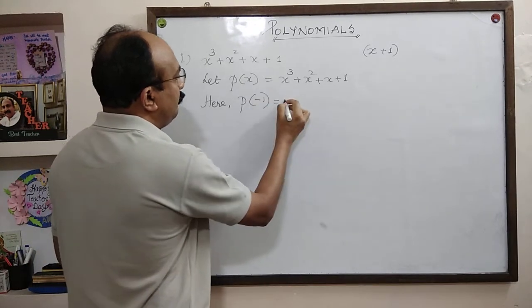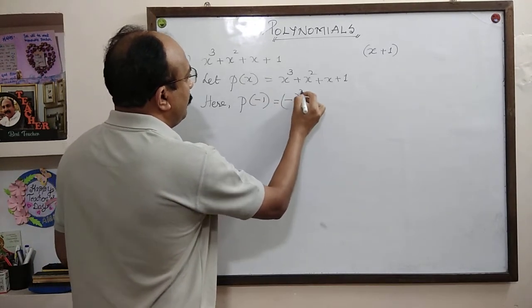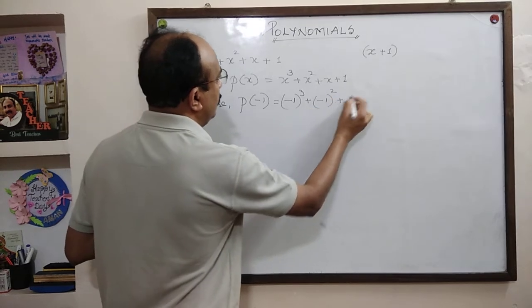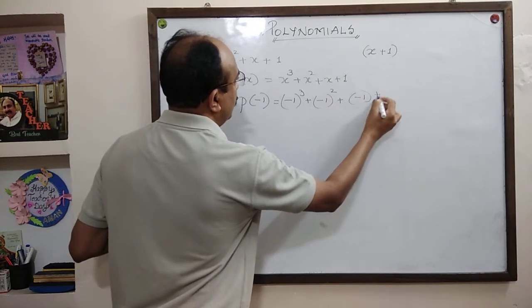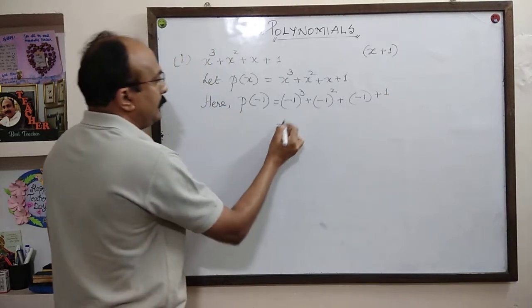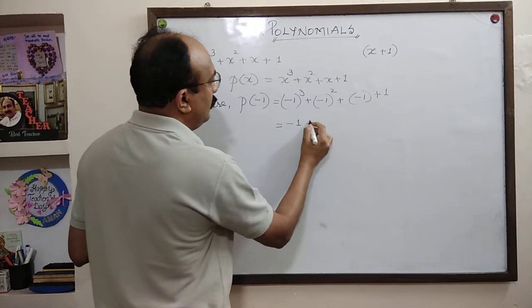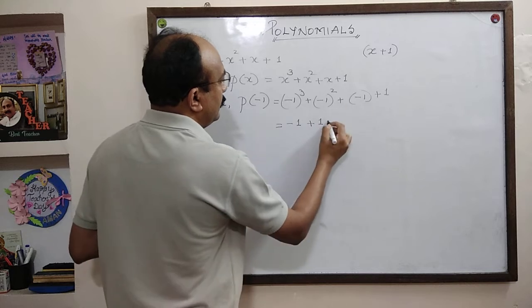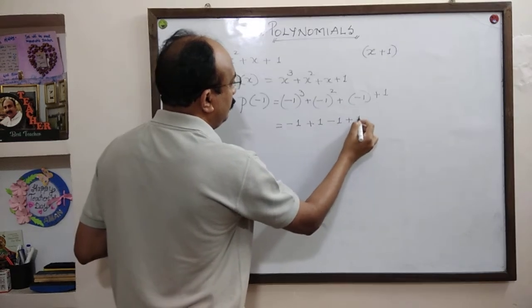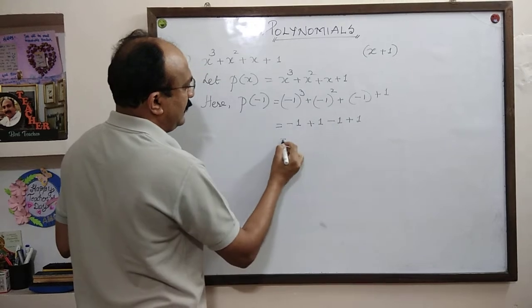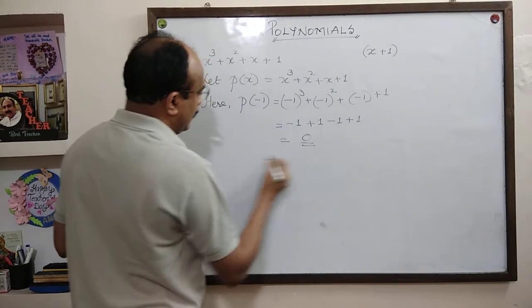So here P of minus 1 equal to (minus 1) the whole cube plus (minus 1) the whole square plus minus 1 plus 1. Minus 1 the whole cube is minus 1. Minus 1 the whole square is plus 1. Then again minus 1 plus 1. Minus 1 plus 1 cancel. Answer is 0.